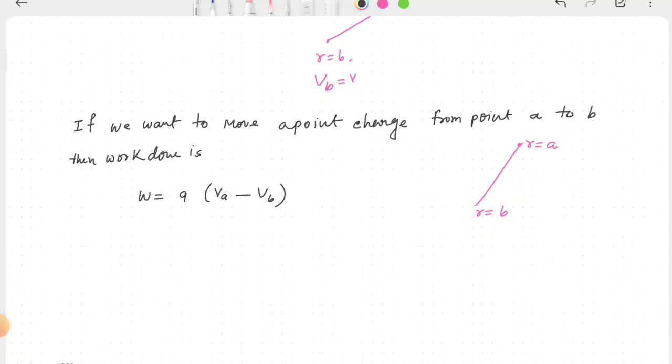So this is the case. Here we calculate the work done in terms of potential, right? But if we calculate this work done in terms of electric field, then what can we do actually?